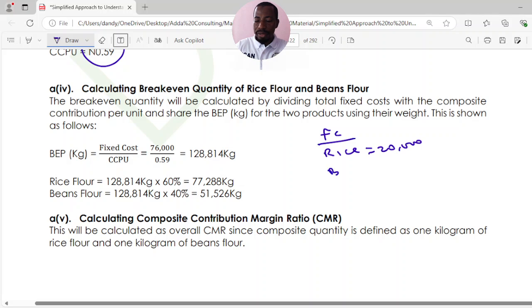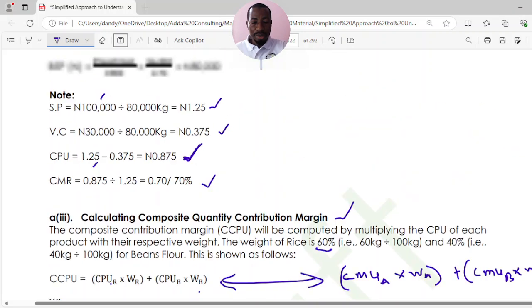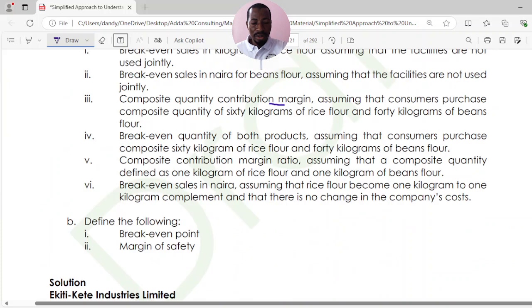Fixed cost of beans equal to 56,000. When you add it up, that is 76,000. That is how we arrive at the 76,000 you have there. All right. Then the composite contribution, the examiner has already told you that you should, let me go back to the question, that you should compute composite contribution.